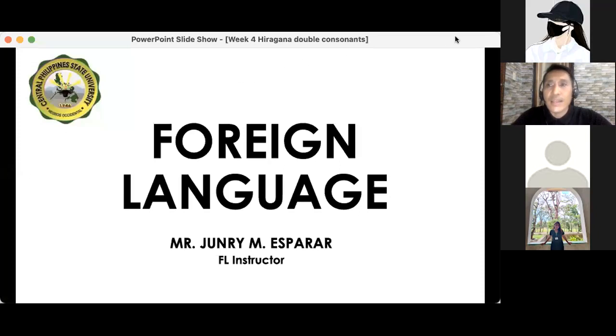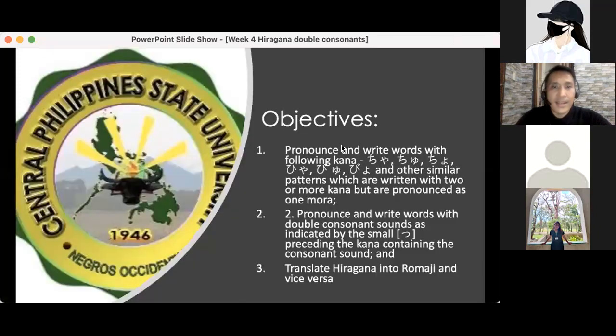So ito yung ating second lesson, and our objectives for this lesson: pronounce and write words with the following kana: kya, kyu, kyo, hya, hyu, hyo, and other similar patterns which are written with two or more kana but are pronounced as one mora. So alamin natin ano yung kana at ano naman yung mora.